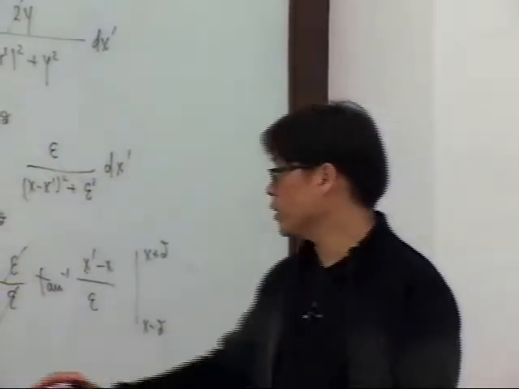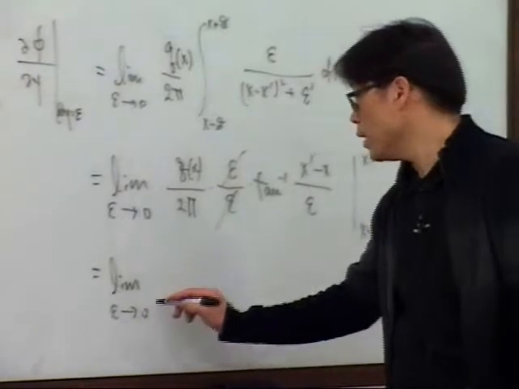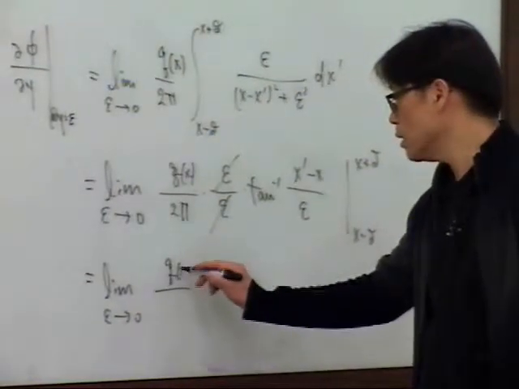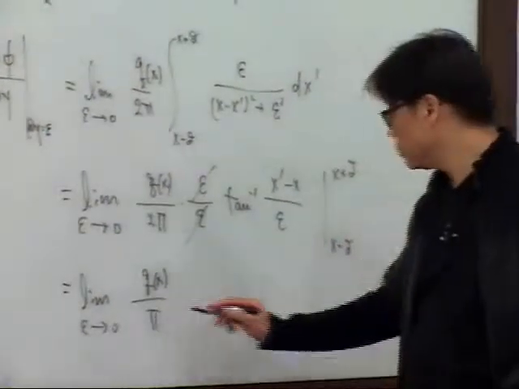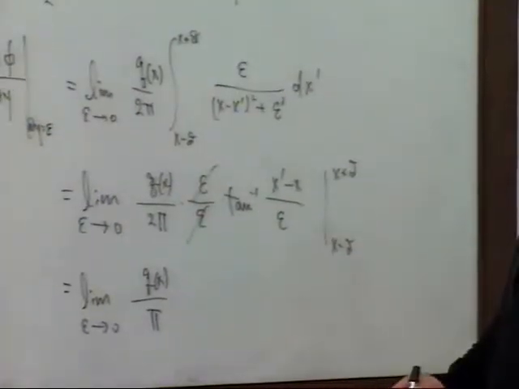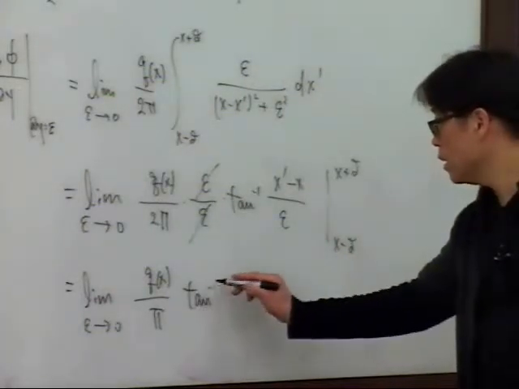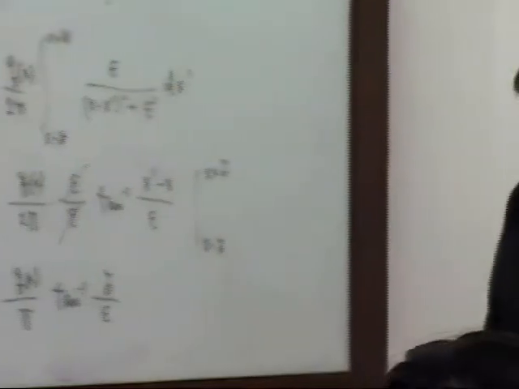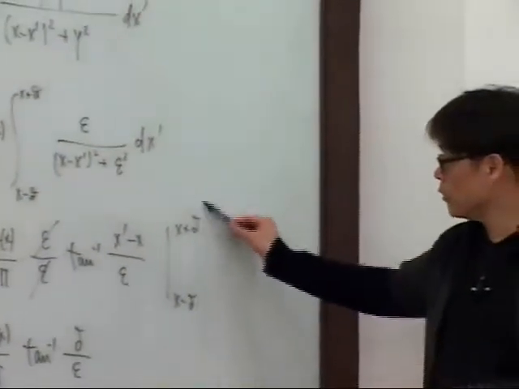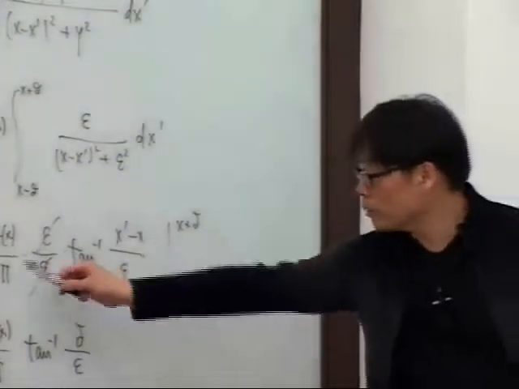And then what you end up with is the limit epsilon going to 0 of q of x over pi, and then we have arctangent delta divided by epsilon. So I have the same contribution from here to here, and that's why I multiply by 2.